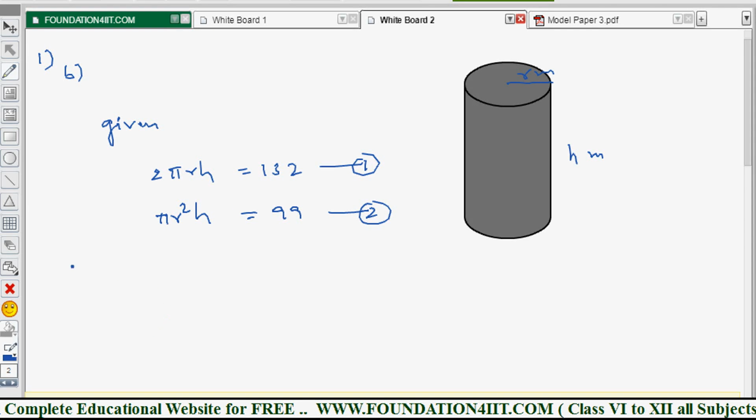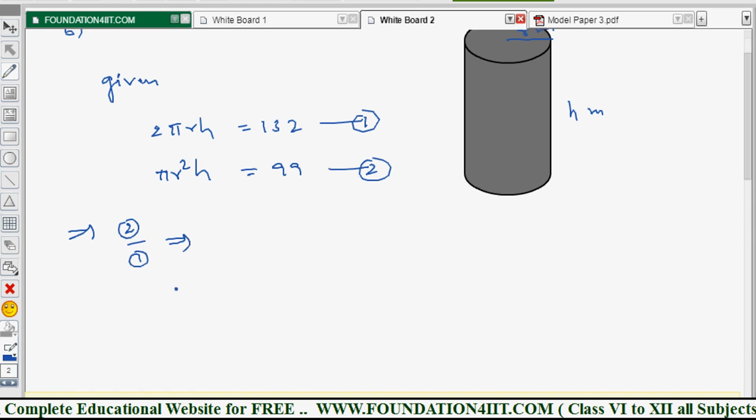So divide the second equation by the first equation and let us see what we get. On the left, πr²h over 2πrh equals 99 by 132. So π cancels, h cancels, and one r cancels. Then r equals 99 by 132, into 2.